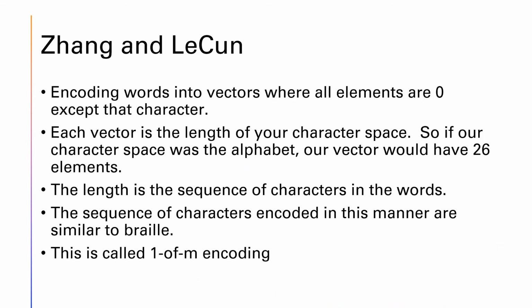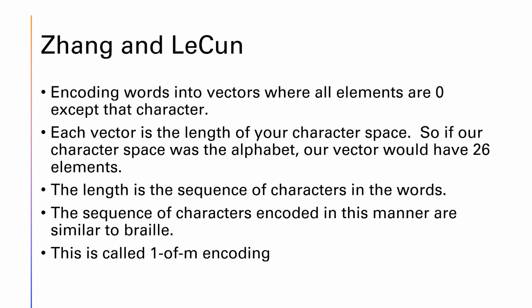Now, Zhang and Li encoded words into vectors where all elements are zero except those characters. Each vector is the length of your character space. So if you had a character space of 26, then your vector size would be 26. The length is the sequence of characters in the word.